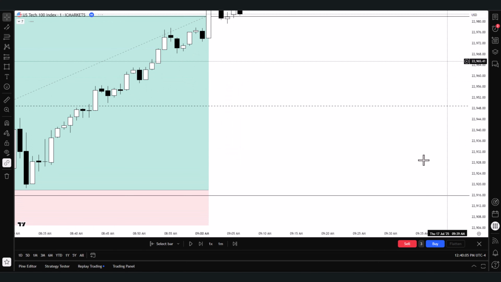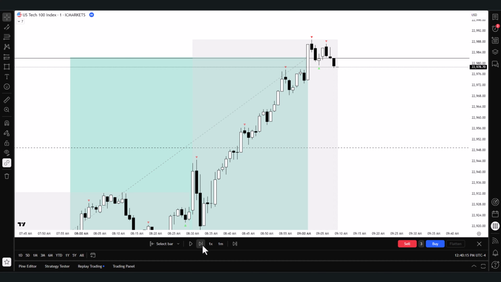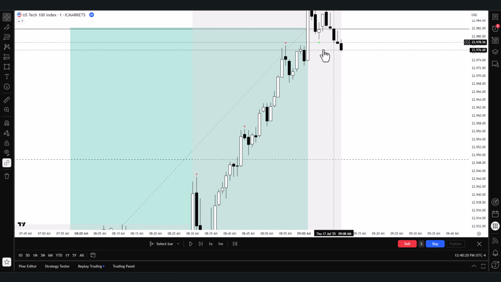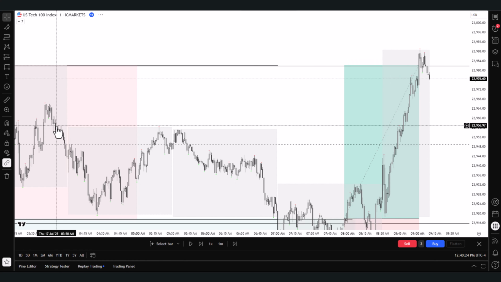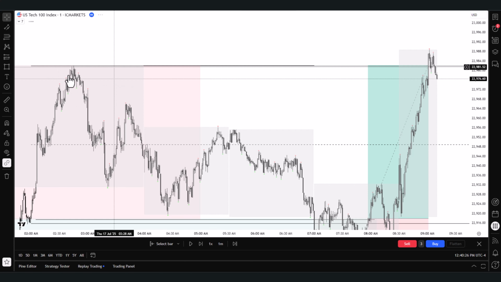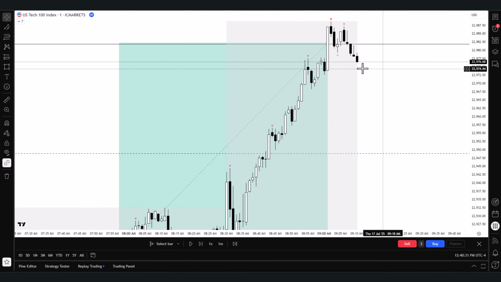Let's go to the lower time frame. 9:01 a.m. Yes, price made an inversion here and also closed inside my previous 90-minute cycle. So let's place that trade.